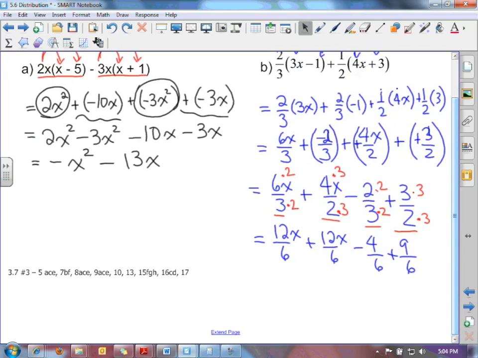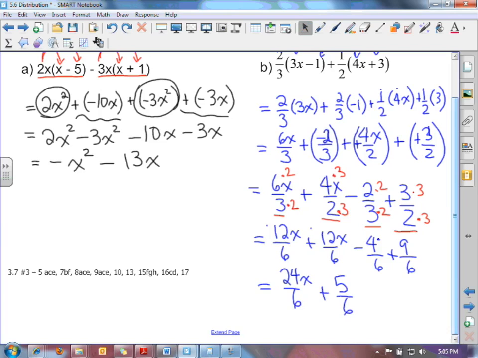So we can only add like terms together. Well, 12x plus 12x, and whenever we're adding fractions, we only add numerators. We get 24x over 6. What's negative 4 plus 9? Well, we're going to get positive 5 over 6.